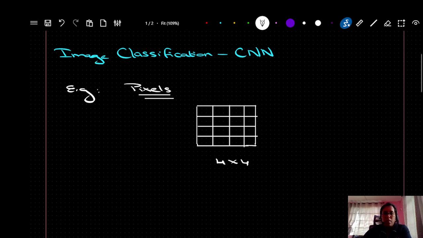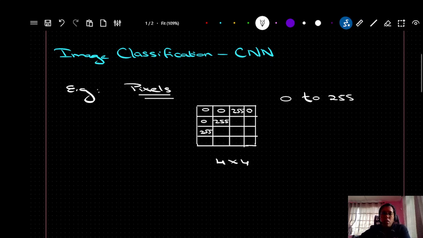The square represents the pixel, okay. And each one of these pixels has values from 0 to 255, okay. So here it could be 0, 0, 255, 0, 255, 0, 255, and so on and so forth.